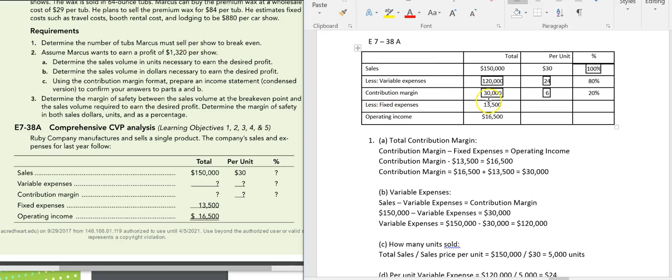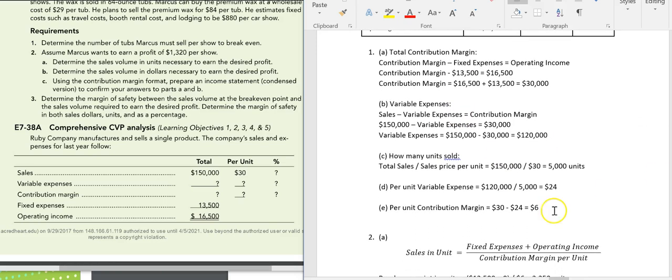So if you look here, your actual sales is 150,000, and your contribution margin in terms of dollar value of sales, we could figure it out. This is how many units you have to sell.